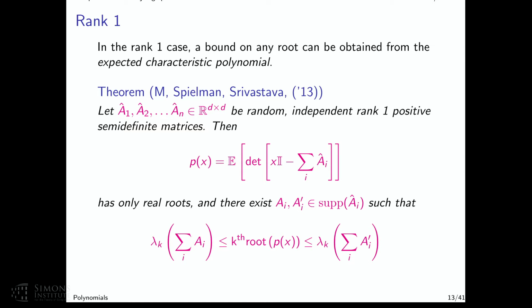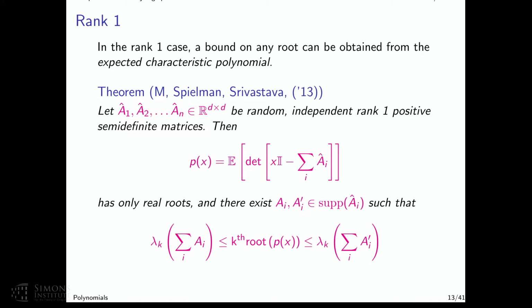That happens to have only real roots, and there exist an A_i and an A_i' in the support of these A_i's, such that the kth root of the characteristic polynomial when I plug in all the A_i's is less than or equal to the kth root of this expected one. And the kth root when I plug in the A_i' is greater than or equal to this one. So this expected characteristic polynomial is somehow a bellwether for both directions.